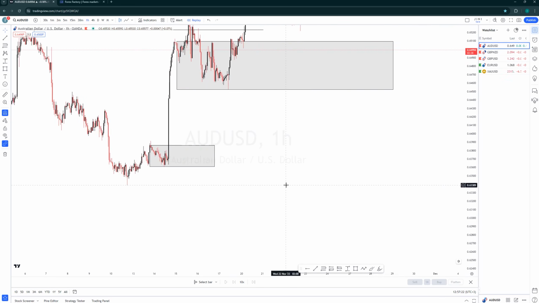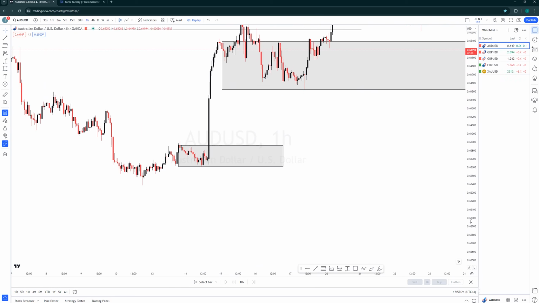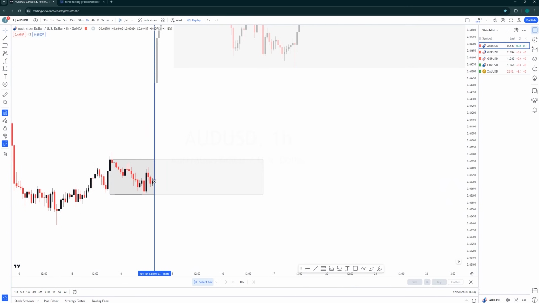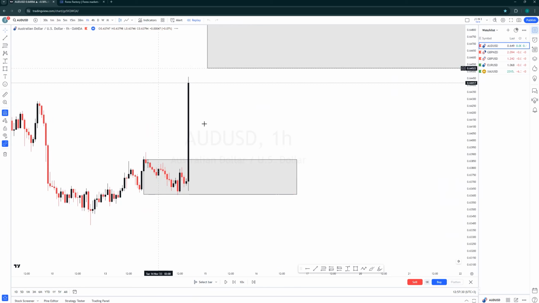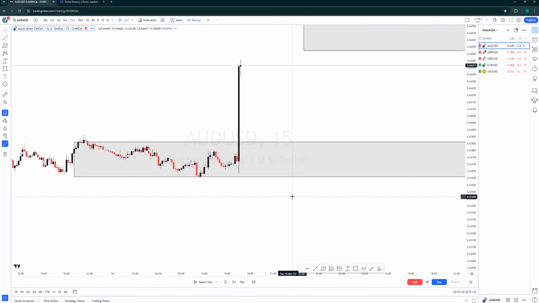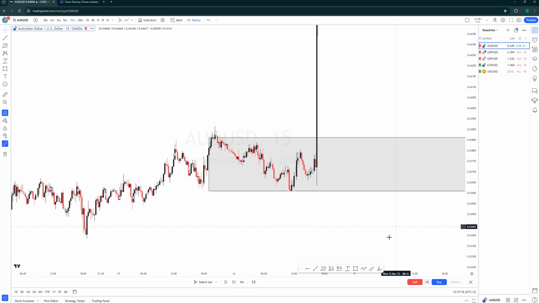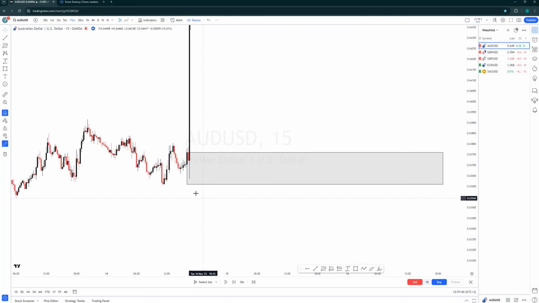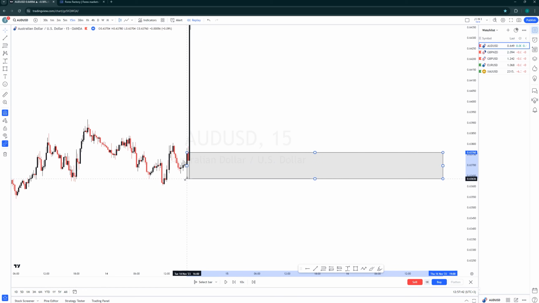So how did I take this entry? As you can see here, this was the momentum candle, the market breaks, and when you go back to the 15 minutes, you just find this structure. Some of you may think this is the formation, but this is not the formation. So we will take this as the entry.